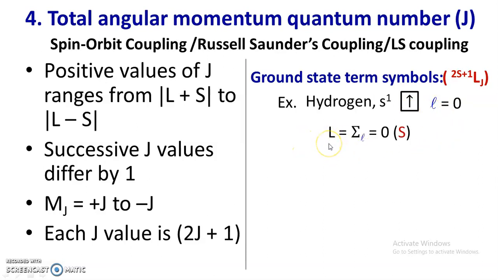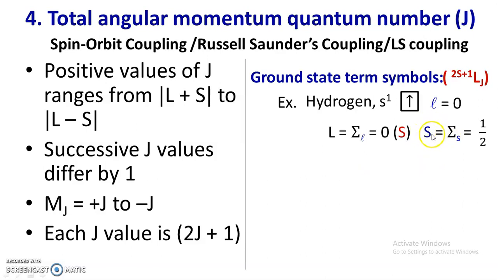So capital L, the resultant orbital angular quantum number, is the sum of l values. As there is only one l value, capital L is also equal to 0, and the corresponding state symbol is capital S. Remember, this capital S is the state symbol and not the resultant spin quantum number, that is different.